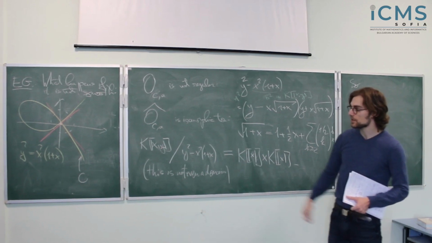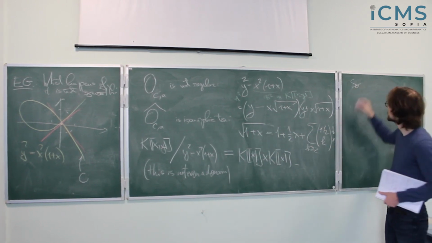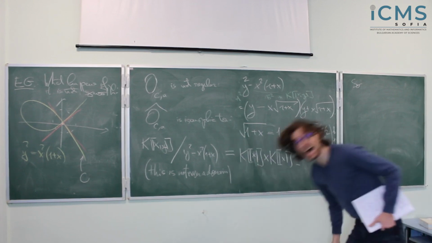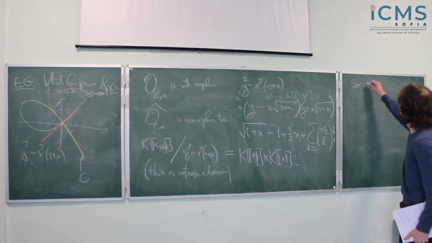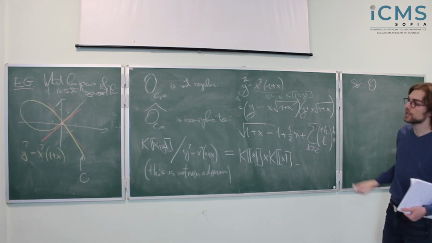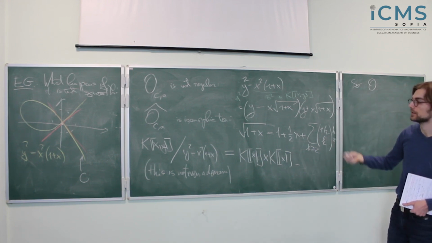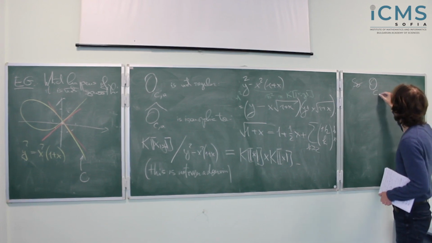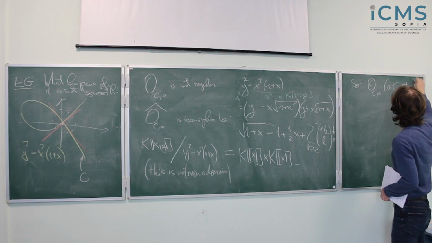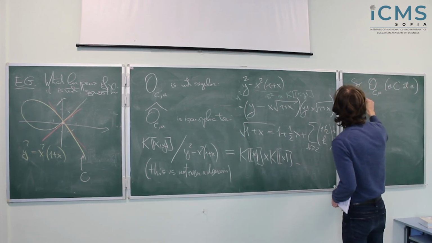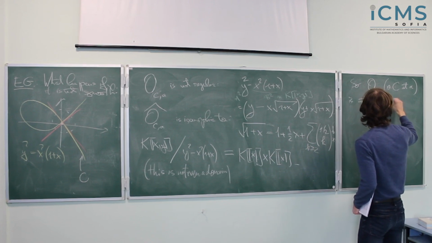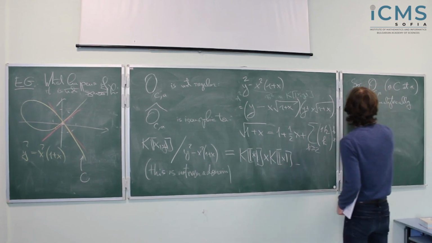So there's a terminology for what we mentioned here, which is that it is not analytically irreducible. Well, we either mention the ring or the point. So, O_{C,A} is not analytically irreducible.